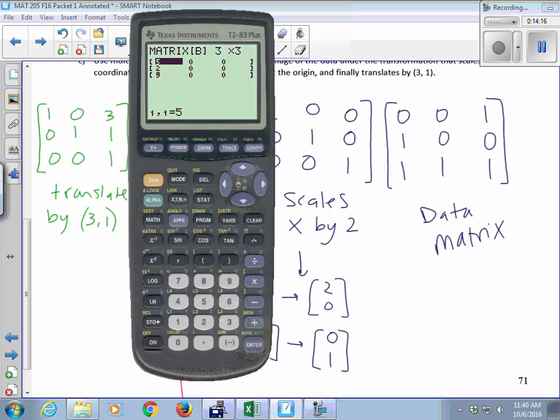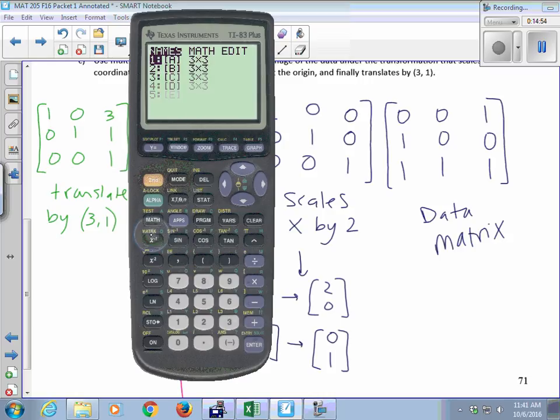This is my rotate matrix: 0, negative 1, 0, 1, 0, 0, 0, 0, 1. Okay, so that's matrix B. Then edit matrix C, 3 by 3, and this has to be 2, 0, 0, 0, 1, 0, and 0, 0, 1.